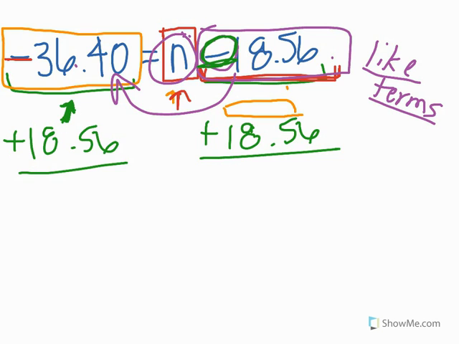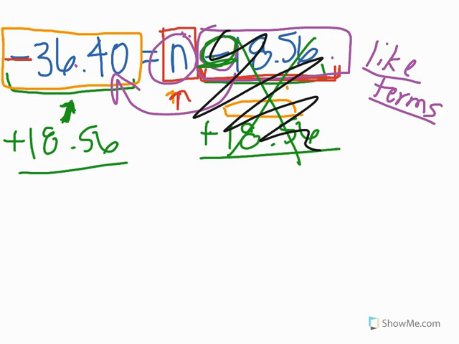It's like a seesaw. If you do it to one side but not the other, somebody's going to get injured. So I have negative 18.56 and positive 18.56. Those cancel out. Then I have to do it to this side too. I'm adding 18.56 to negative 36.40. Now this might seem a little complicated because we have a negative number and then we're adding something to it.